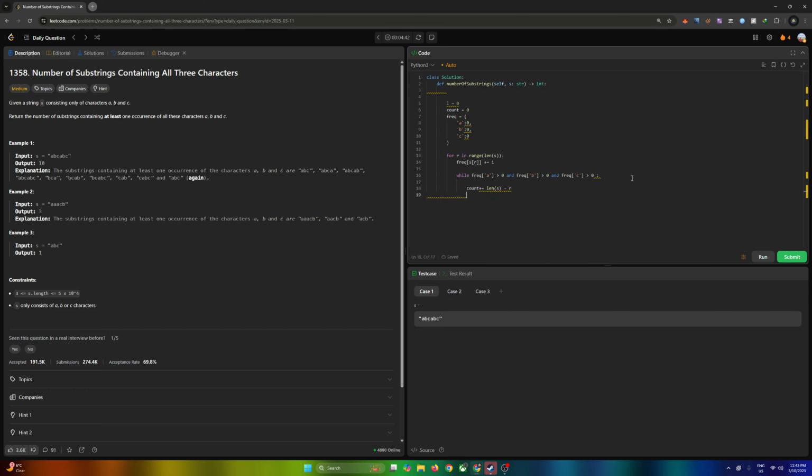Yep. And now what we want to do is increase our left pointer. So for that we can do this, and we also want to decrease our frequency, because we are now moving forward from the previous L. So it is L, so we will decrease the frequency for that because we have moved forward.